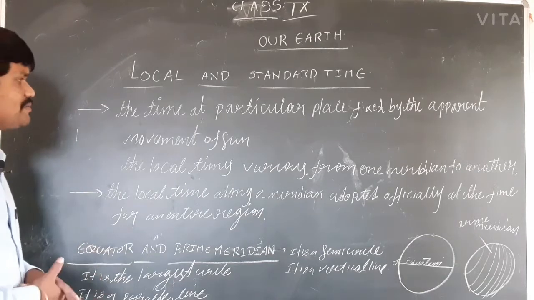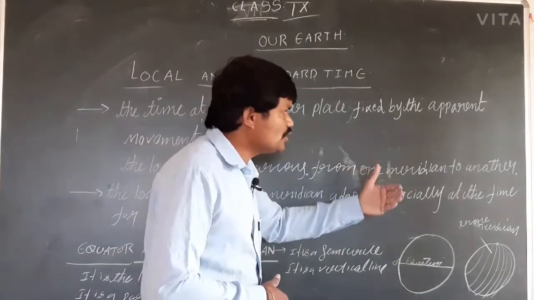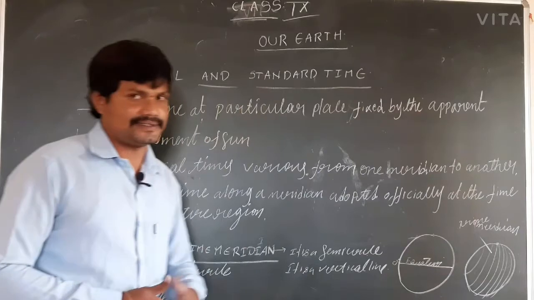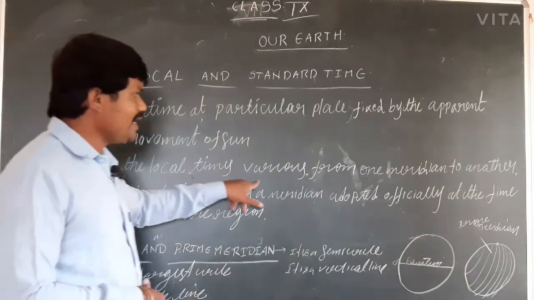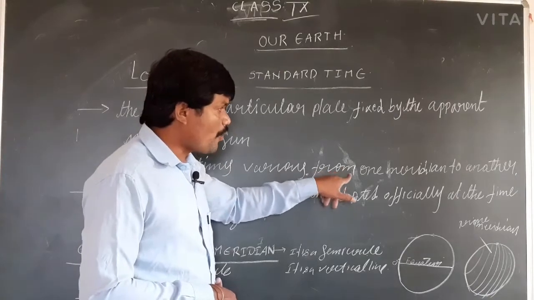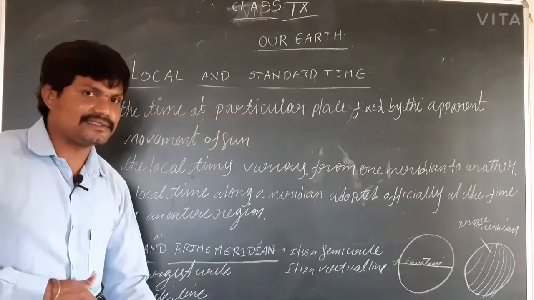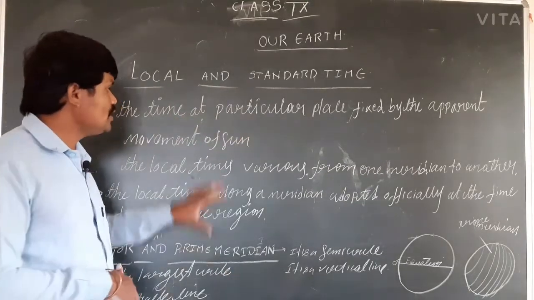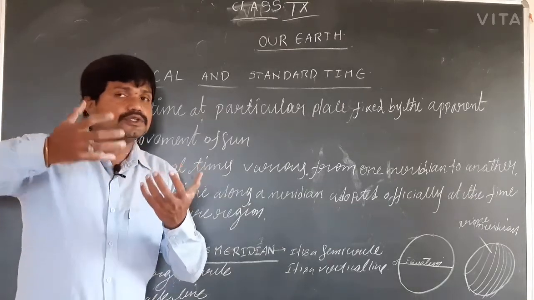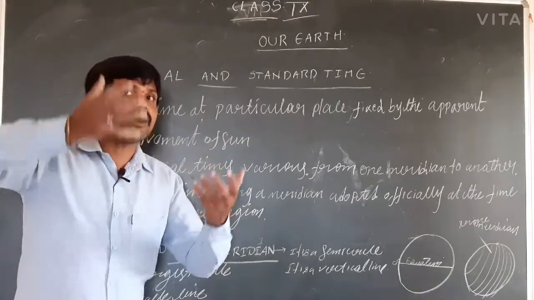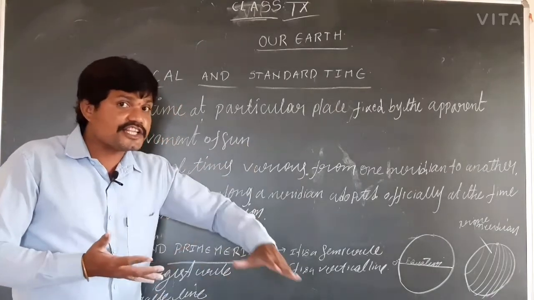The local time varies from one meridian to another meridian. That means due to sun rays falling on meridians, timings are changing.